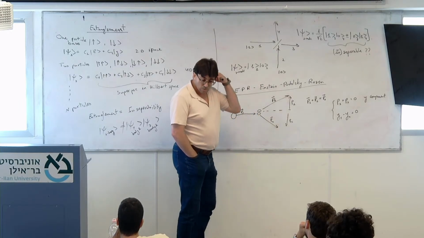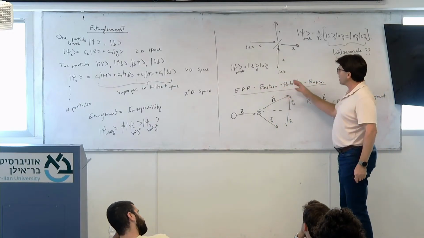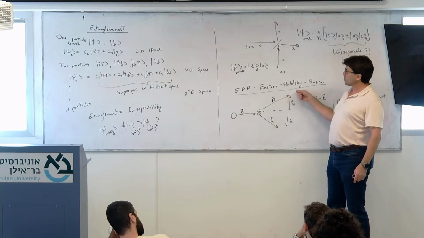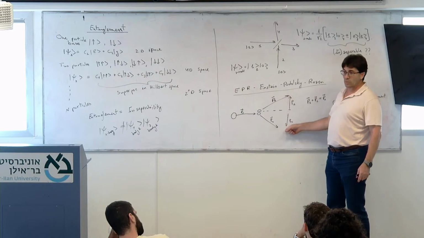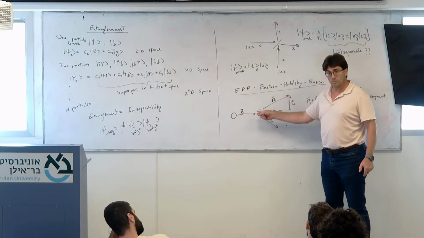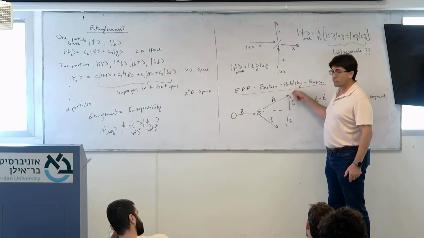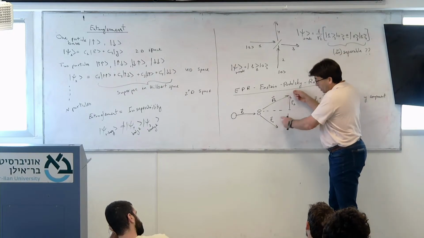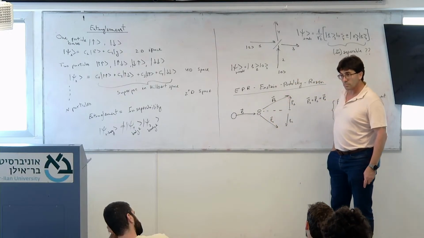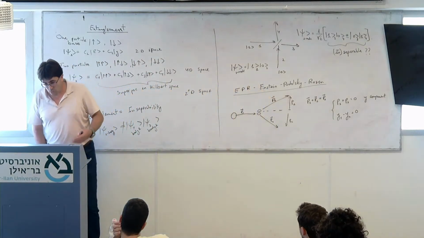I can measure its position here, but I know its momentum already, right? So I can just roll it back to where it was. I measured this one, so I know its momentum. I'll measure the position of this one, I'll know its position. But I know the momentum because I measured the other one. So then I'll be able to tell the position and momentum of both of them.